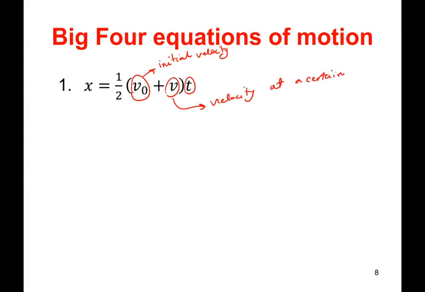T is of course time, and 1/2 is just a number there. So you can find the distance by having the time that has passed from your initial position and the velocity after that time and the initial velocity.